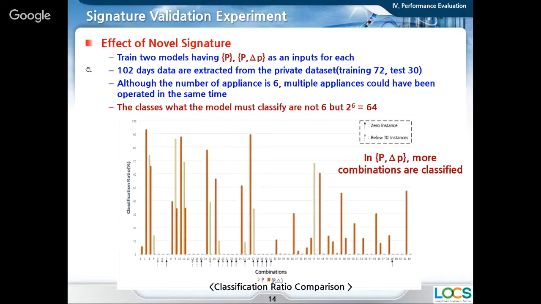So we check the accuracy over the 64 combination cases. In the graph, the yellow one is the first model, and the red one is the second model.